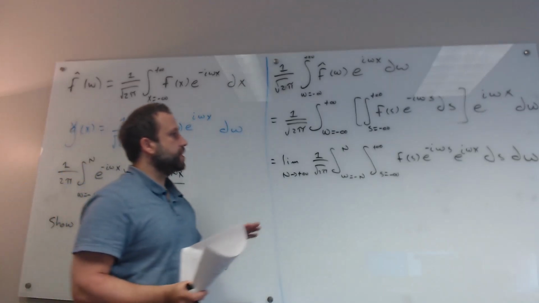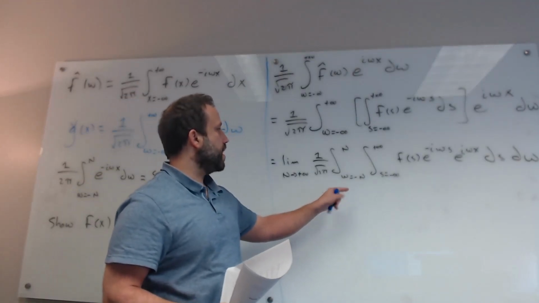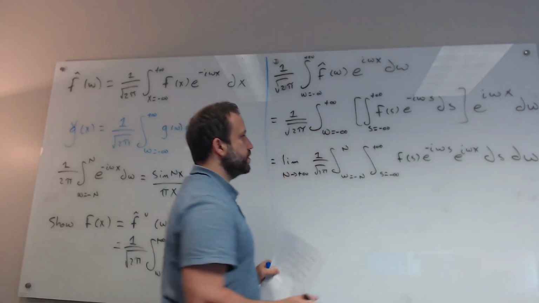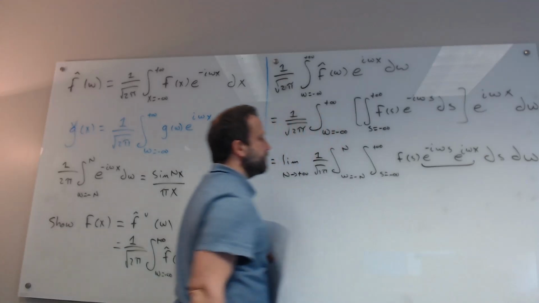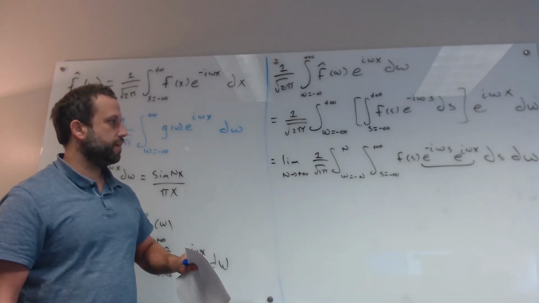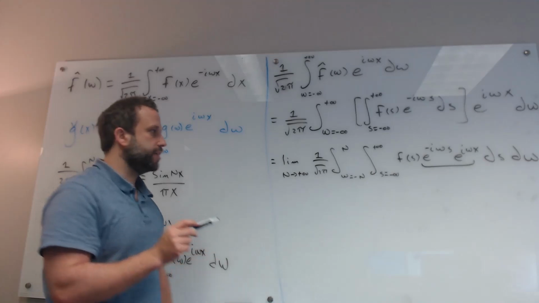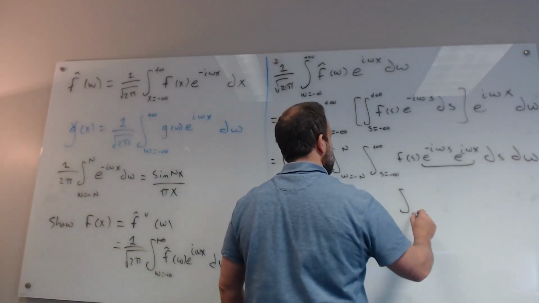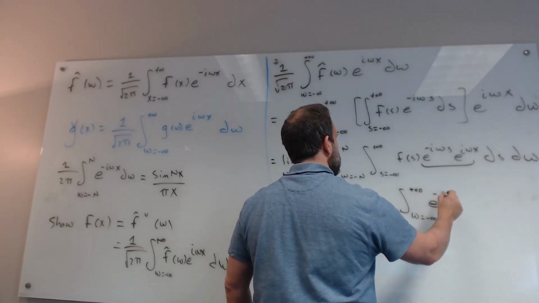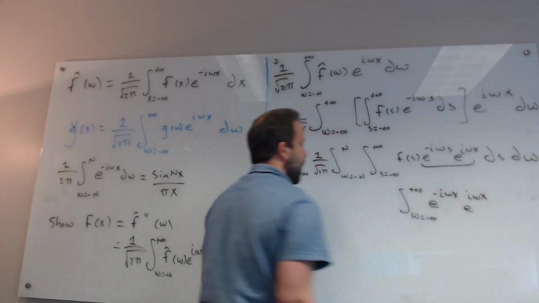Now, what's going to happen is it's not at all clear, if I have this omega going from minus infinity to positive infinity, and I swap the order of integration, I'm going to be integrating that function as a function of omega from minus infinity to positive infinity. If I didn't do this limit right here, if I just tried to swap the order of integration here, what I would be ending up with is something like the integral omega going from minus infinity to positive infinity, e to the minus I omega s, e to the I omega x.